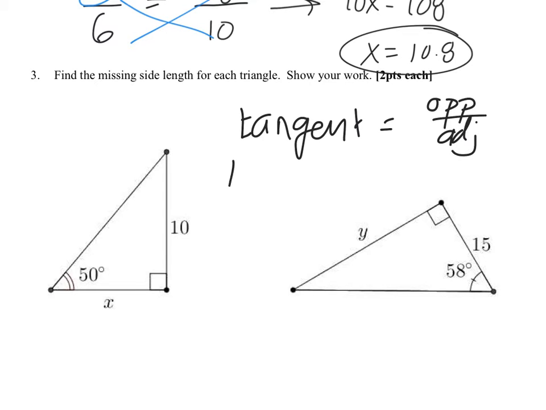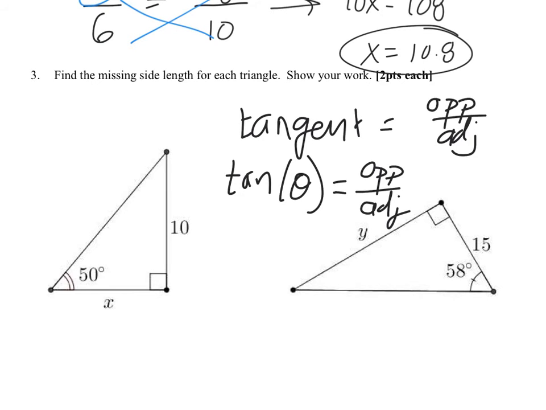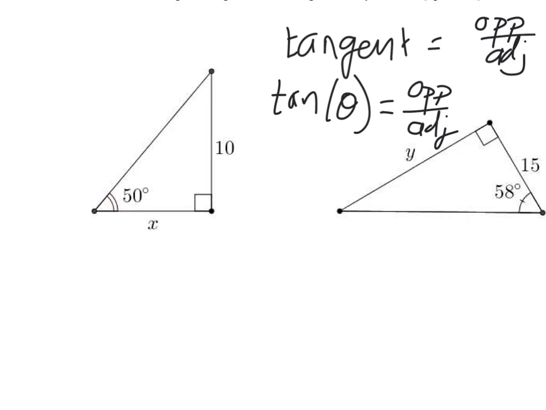And so we write that the tangent of some angle theta is equal to the opposite leg divided by the adjacent leg, and what we do is we fill in the missing components that we have from a given triangle. So for example, in this triangle on the left, this is the angle that I am looking from. It's my reference angle, 50 degrees. That is going to go right here.